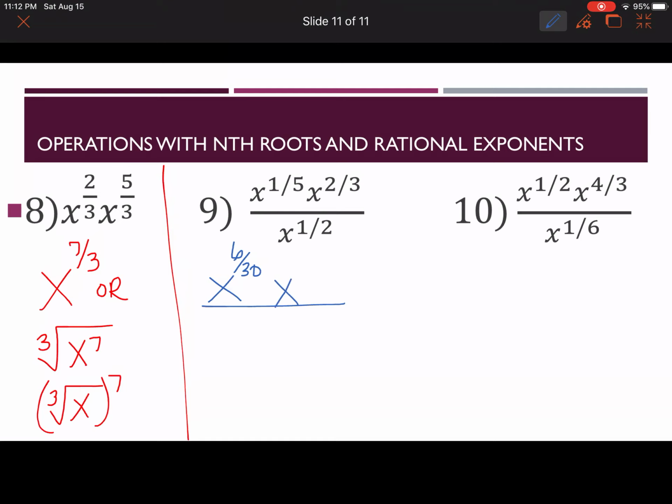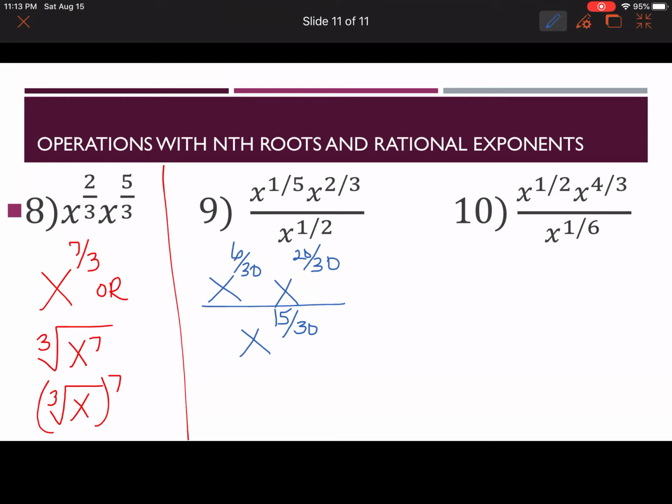I'm multiplying that one by 10, so that would be 20 over 30, and then that would be 15 over 30. I think it's easier to write it all as one denominator, and that way you don't have to worry about doing a common denominator twice.